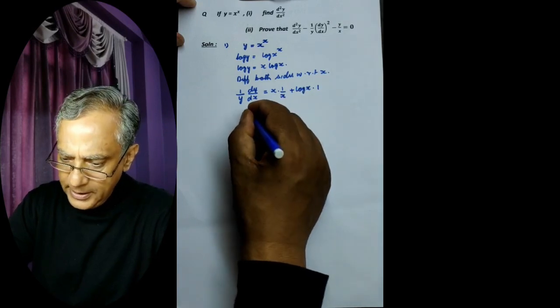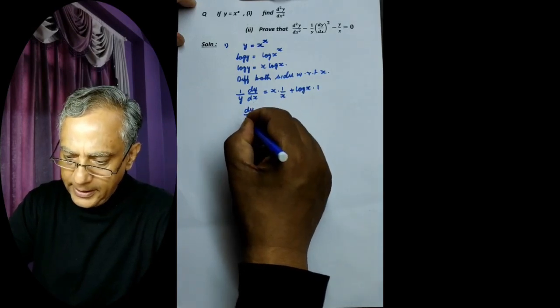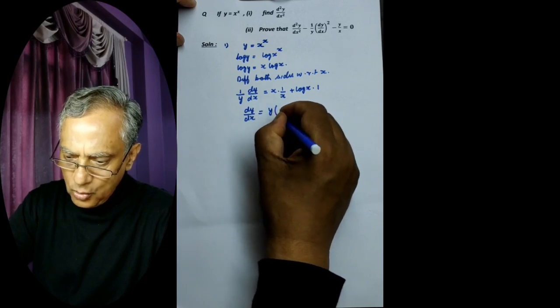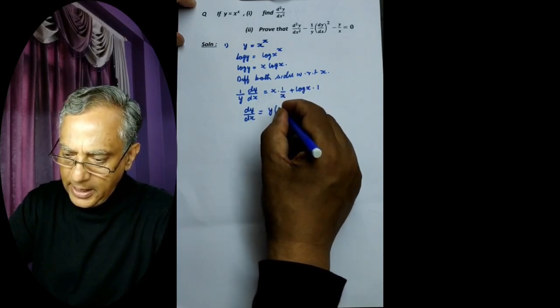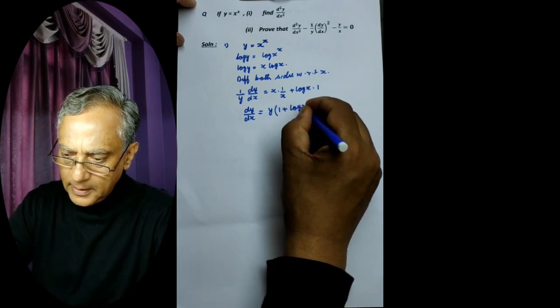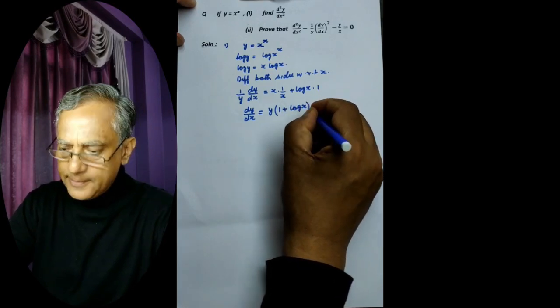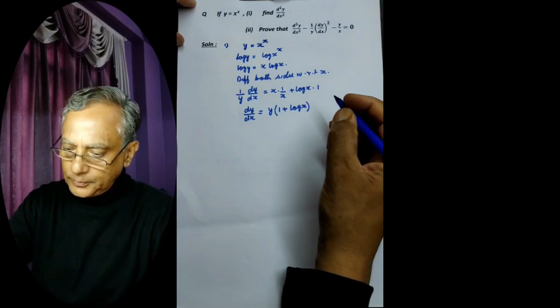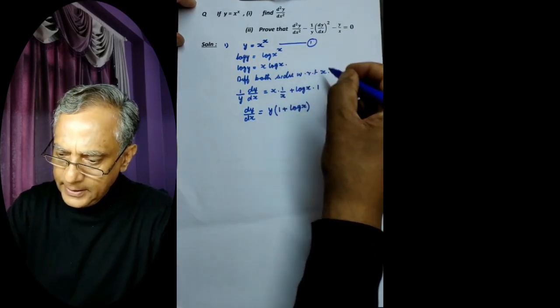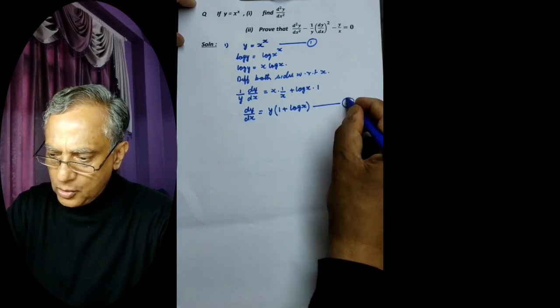So we have dy by dx is equal to y into x cancels and we have 1 plus log x. Now say this as 1, this as 2.